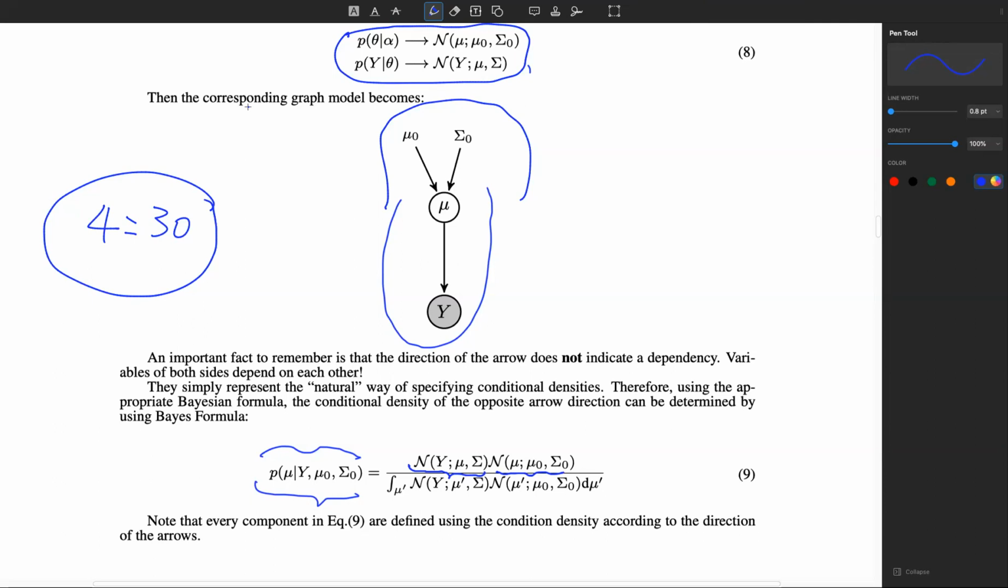Then we actually just talk about this directed graph. And by the way, when you specify a probabilistic graphical model and the graph is a DAG, what do I mean by that? What's a DAG?